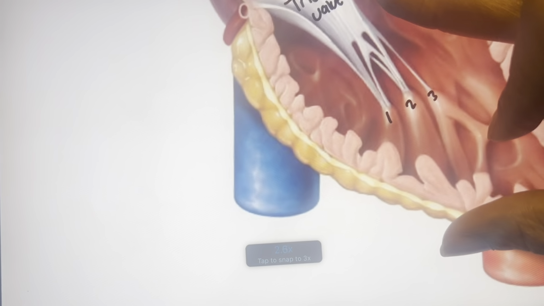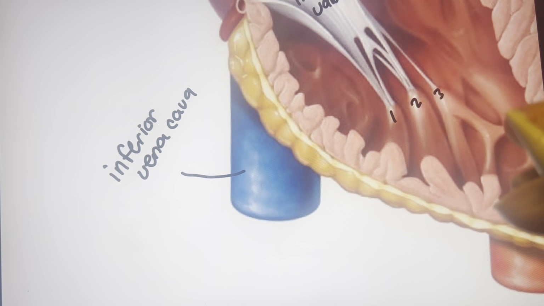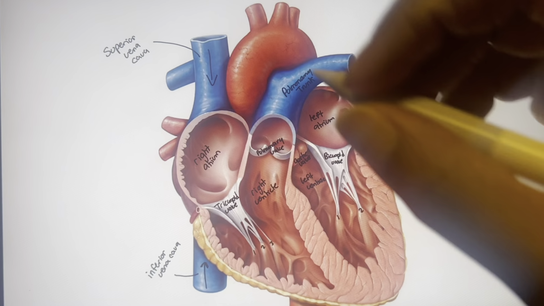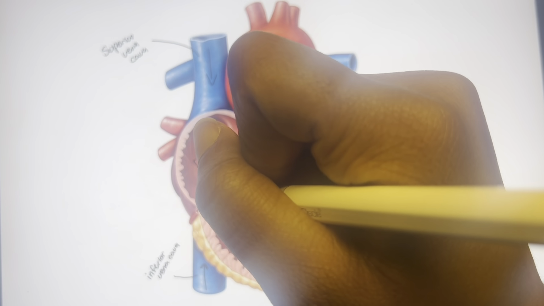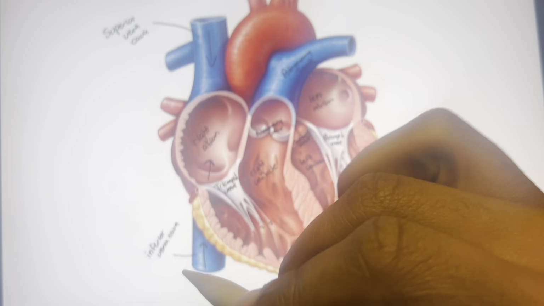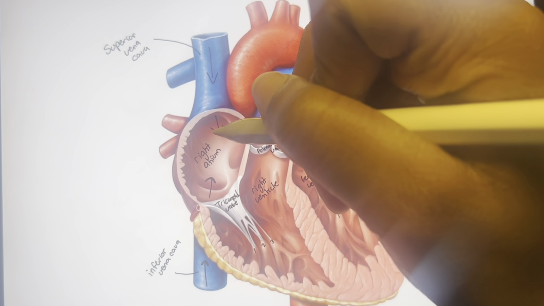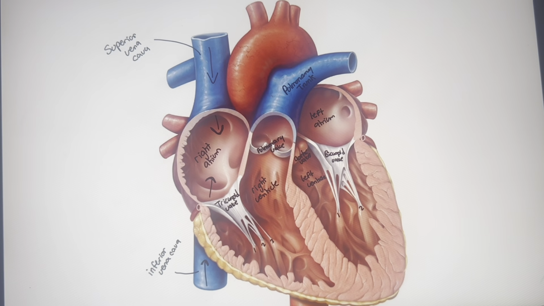Moving down, we have the inferior vena cava, and this is also carrying blood towards the heart. Both of these veins are carrying the blood into the right atrium. So you can see these 2 holes right here. This is coming from the inferior vena cava, and this hole is bringing the blood from the superior vena cava into our right atrium. We'll get further into that later.